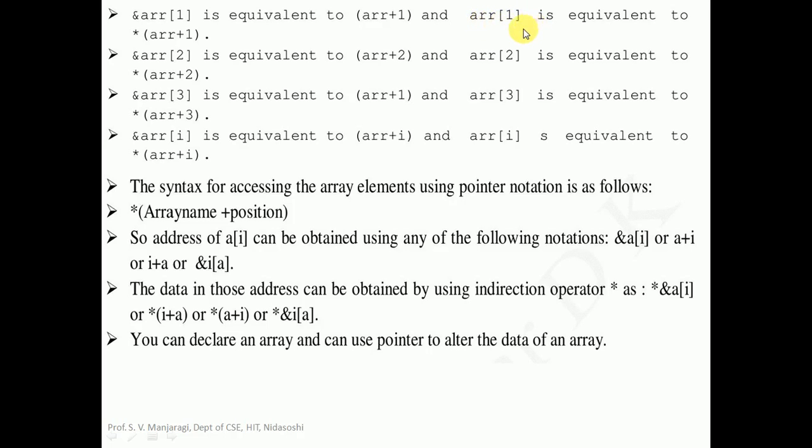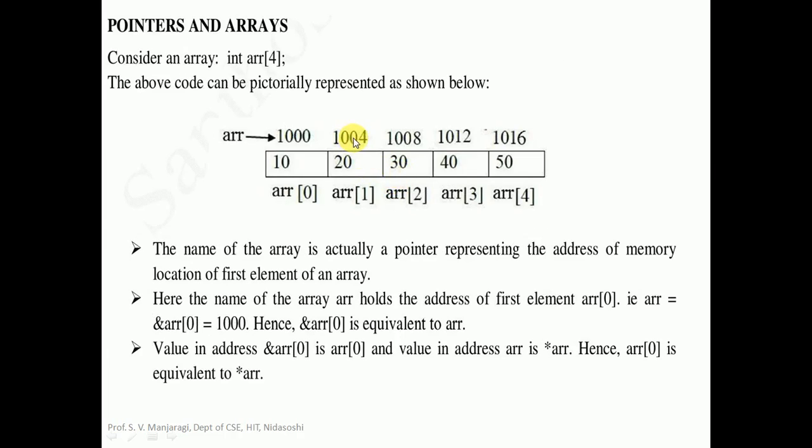It is equivalent to using the dereferencing operator, asterisk, so we take star ARR plus 1. ARR plus 1 is pointing to the second memory location of the array, that is 1004, and the value stored at 1004 is 20 here.